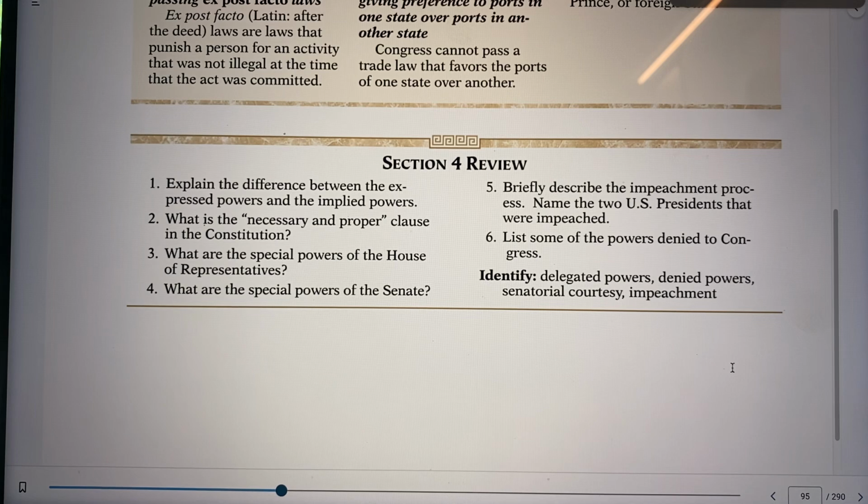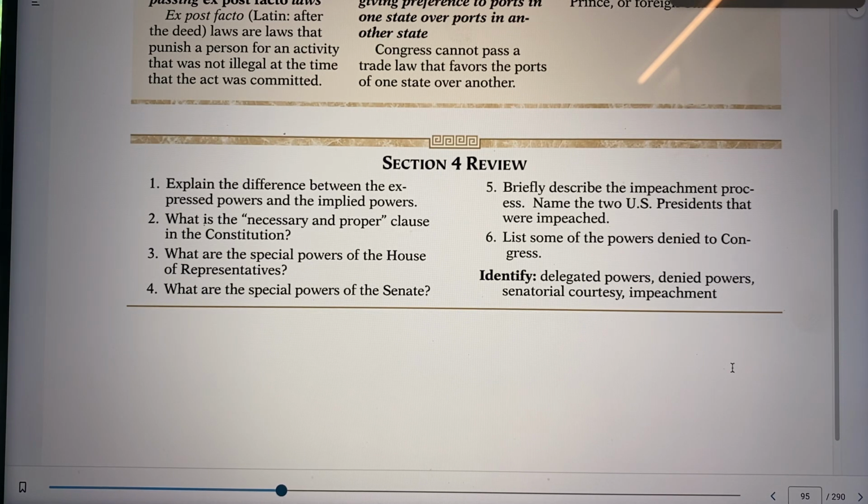So, briefly describe the impeachment process. We went over that. Name 2 United States presidents who were impeached: President Clinton and President Johnson, right? So how does impeachment work? The House formally accuses. It has to go through all that process before it brings it to the Senate, and then the Senate has to put it under trial.